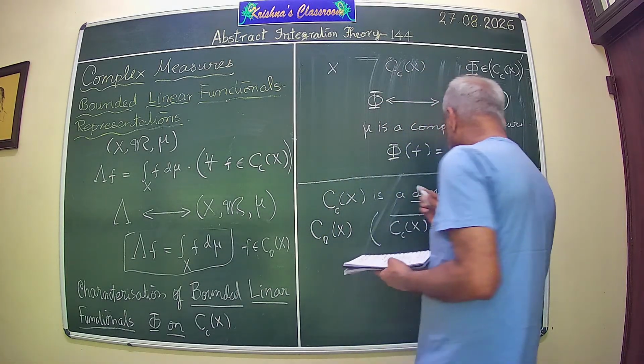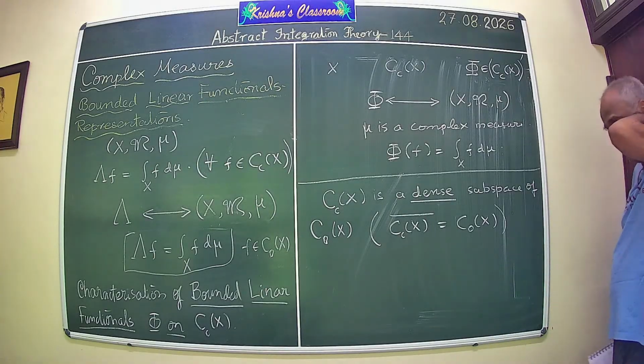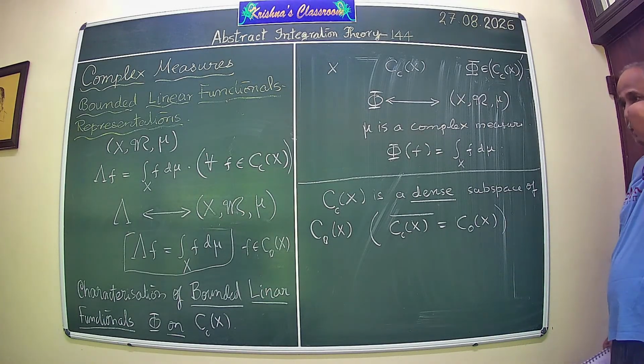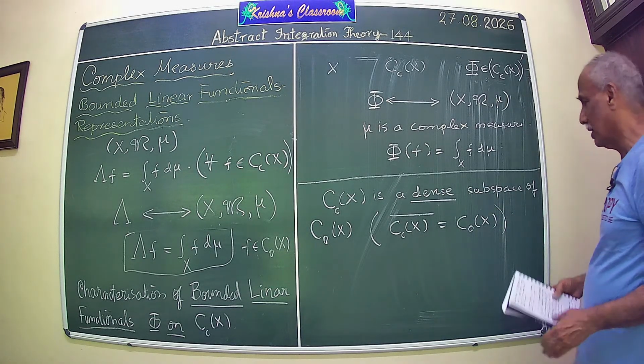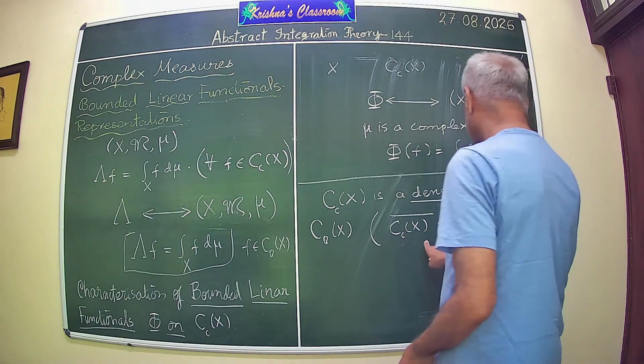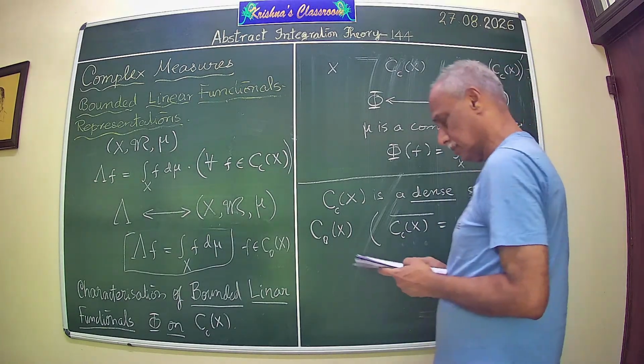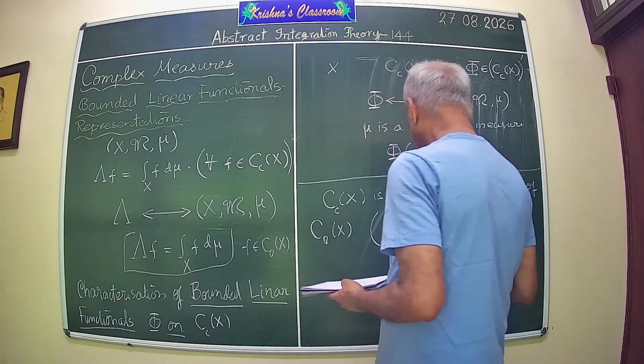That means every element of C naught X can be approximated as closely as you want by a function in CCX. Okay, CCX is dense in C naught X, with of course the sup norm.